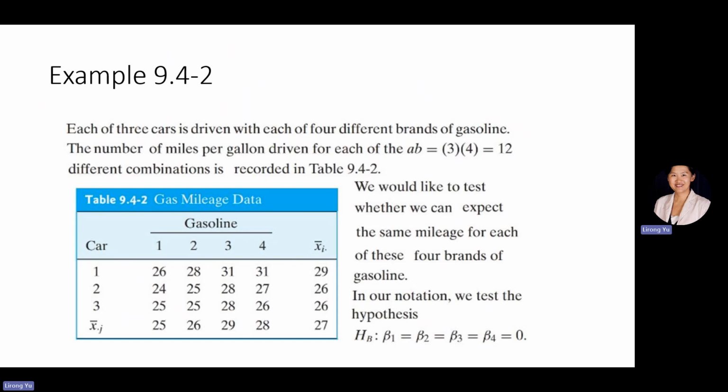Car number 1 with gasoline 1, 2, 3, 4. Those are the miles per gallon for each car. Okay, you can see some gasoline lasts longer. You can run more miles with it. Some are less.